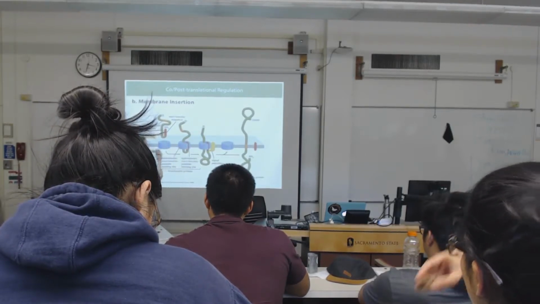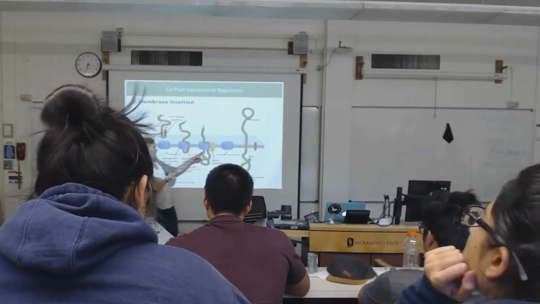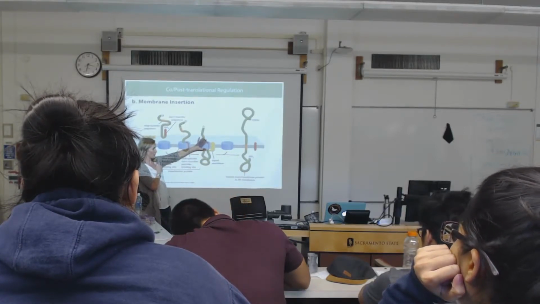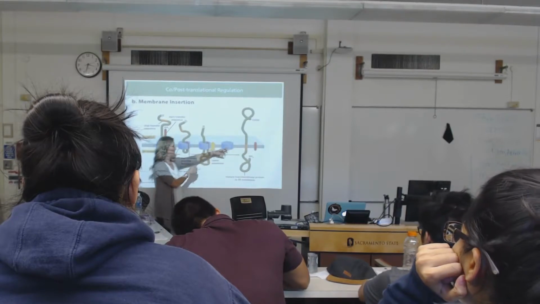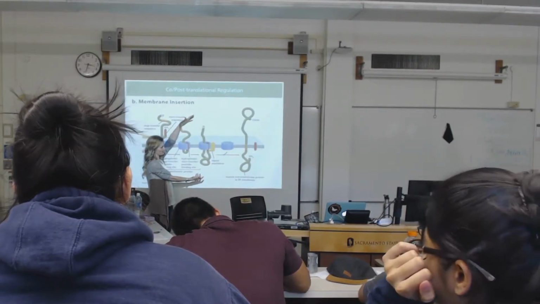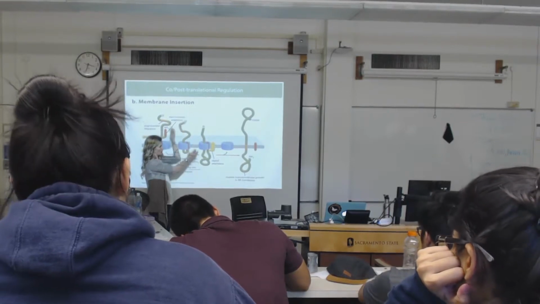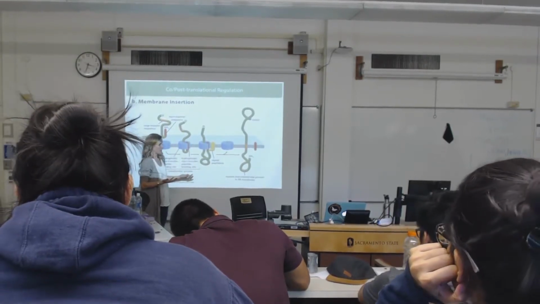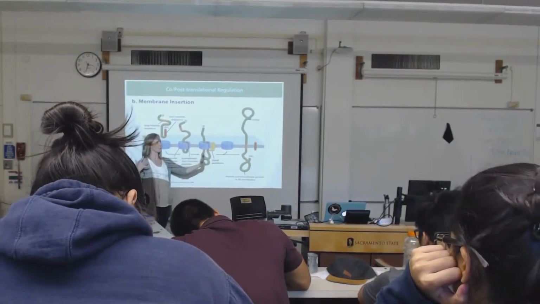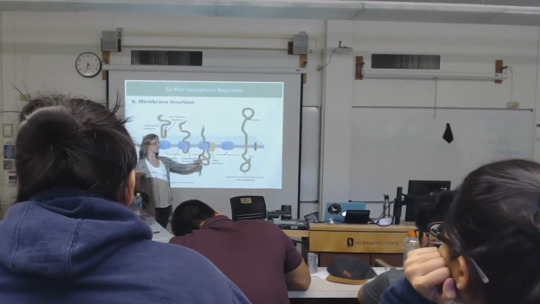We'll go over this mechanism. A lot of times that first N-terminal sequence is cleaved off, so you still end up with a single-pass transmembrane protein. But the protein translocator basically needs to be told what to do by the peptide. The take-home is that the information is in the peptide.